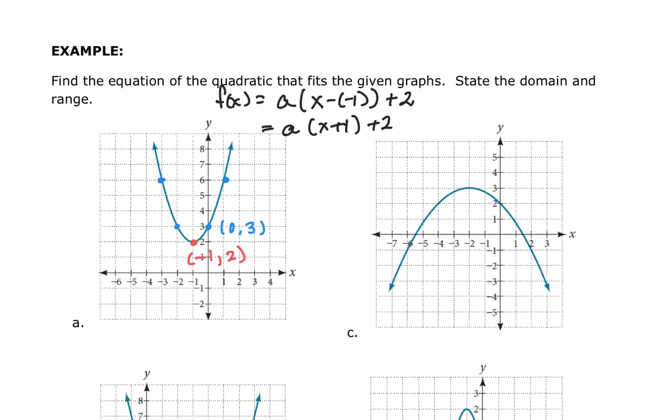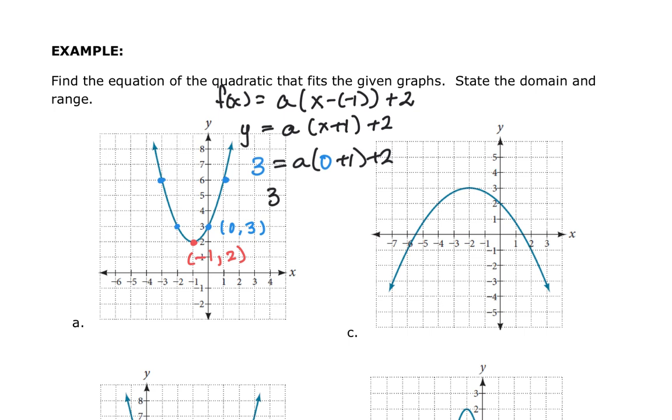So we know that f of x, I can replace f of x with y. So replacing these numbers, I'm going to have 3. Actually, let me do this in blue so I have consistency. So 3 is equal to a, my x is 0 plus 1 plus 2.